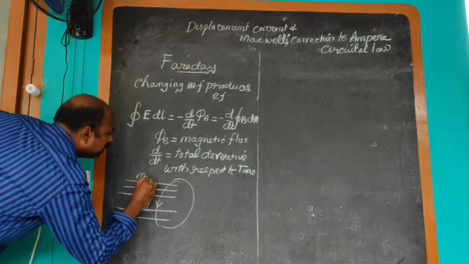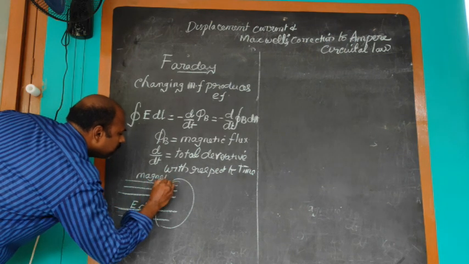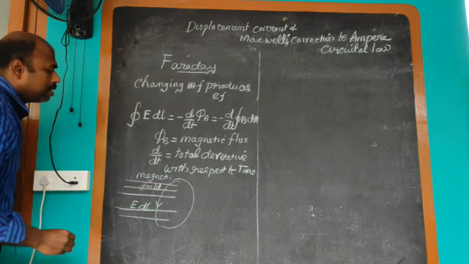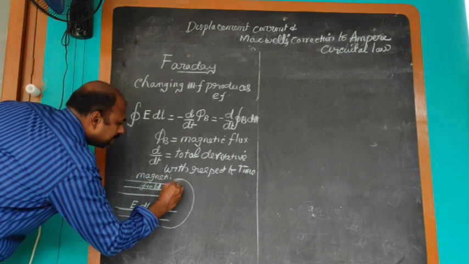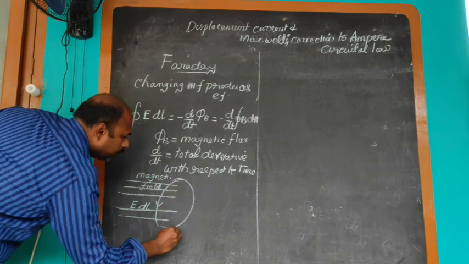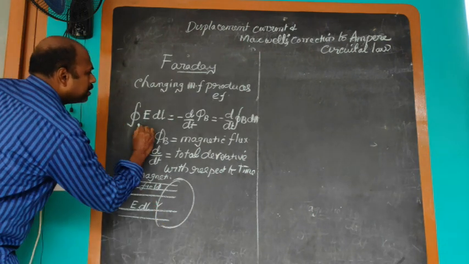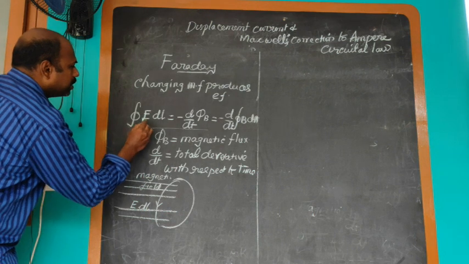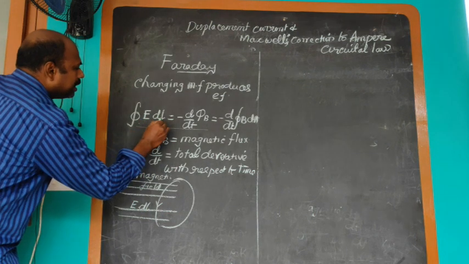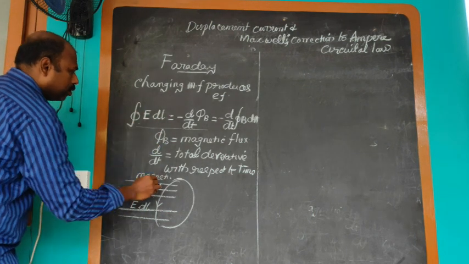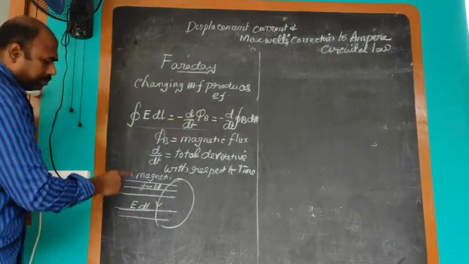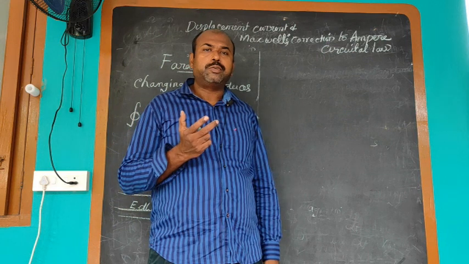This is a magnetic field in the region encircled by this loop. So that is the meaning of this mathematical notation. E dot dl is the EMF induced in the closed loop due to the change in magnetic flux.